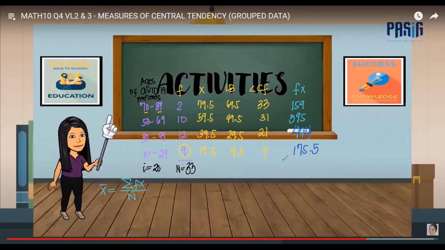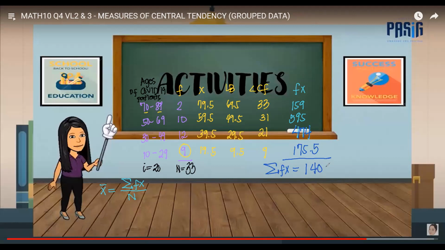So, anong gagawin natin dyan? We will add them for us to get the sum. Sum ng f times x. I-add natin to. So, that's 159 plus 595 plus 474 plus 175.5.